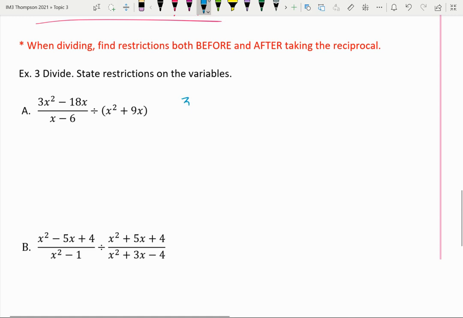I can take a 3 out of both of those and an x out of both of those. 3x squared divided by 3x. 3 divided by 3 is 1, x squared, take away an x, I'm left with an x. And then negative 18x divided by 3x gives me negative 6. We'll have an x minus 6 on the bottom also. All right.